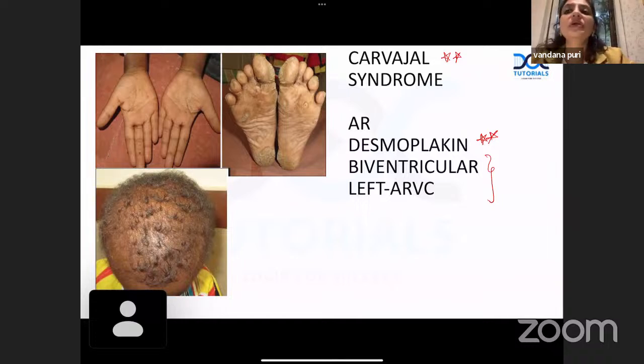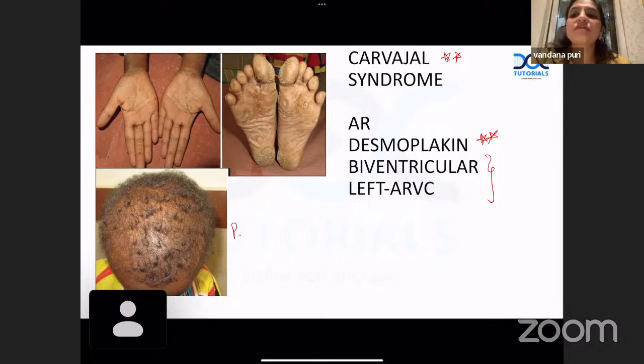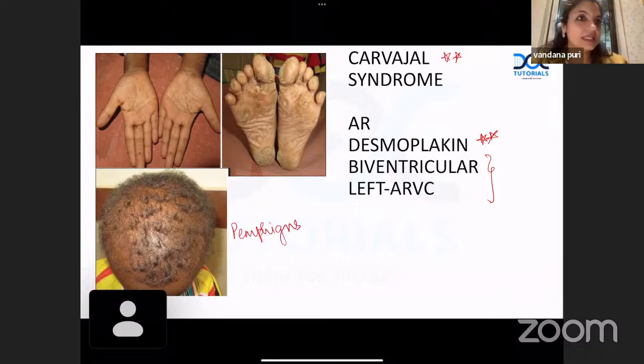So if a patient presents with a Naxos-like picture, along with biventricular or left ventricular ARVC, you should think of Carvajal syndrome. These patients can also have a pemphigus-like picture. I told you pemphigus is also a defect in the desmosome, desmoglein 3 more than desmoglein 1, isn't it? So this syndrome is called Carvajal syndrome.